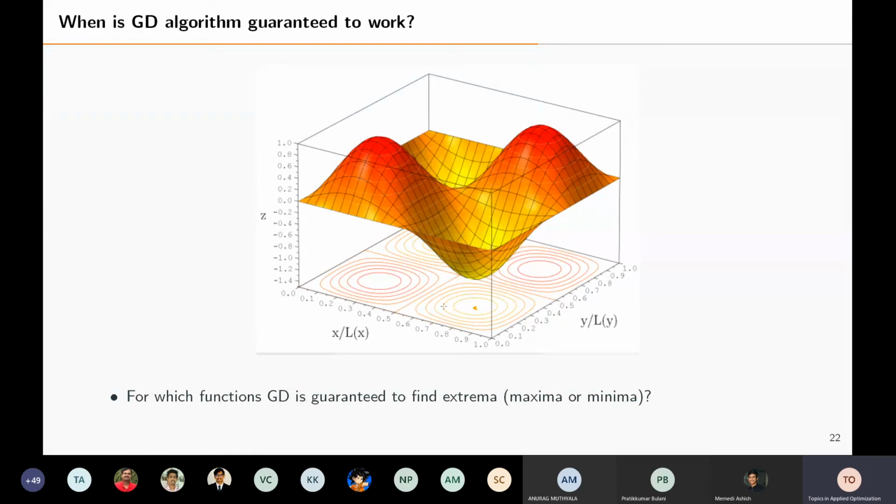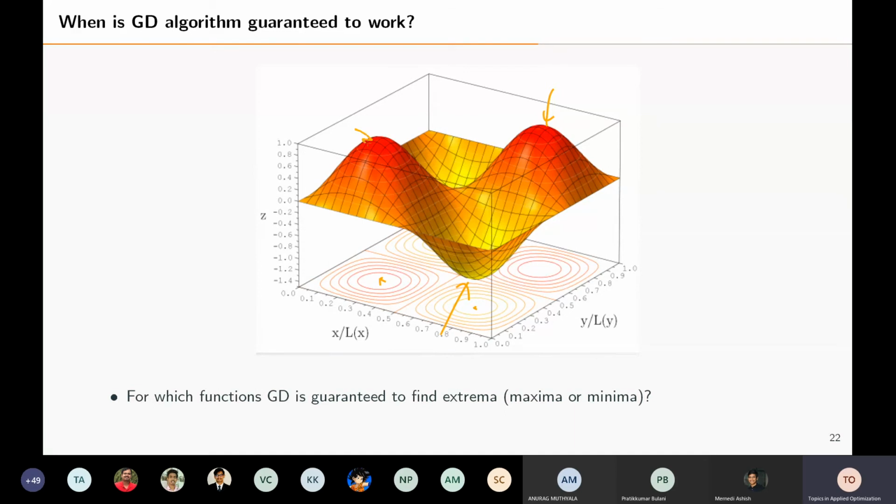So this is like local minima, this is like local maxima, but sometimes you may be interested in finding the global maxima, let us say, or if this is the global minima, then you may be interested in this. So gradient descent, as I said before, since it follows the gradient, it will not be able to find the global maxima.